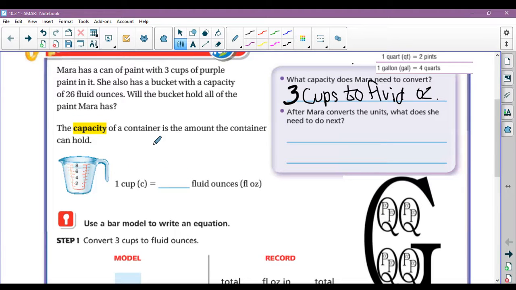So first things first, let's go ahead and do some of our conversions here. The capacity of a container is the amount the container can hold, which we just talked about. Now 1 cup, and they want to know how many fluid ounces.